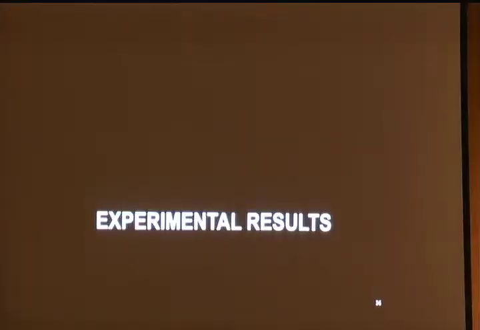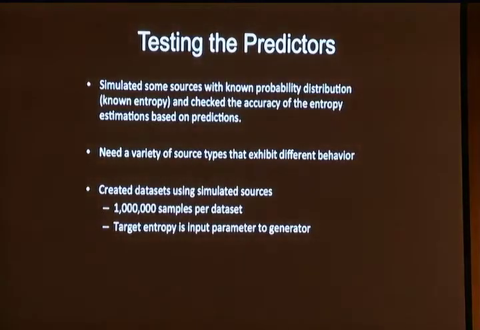So let me go over our experimental results now. We use a lot of simulated sources with known probability distributions. So we selected some probability distributions. Because we know the probability distribution, we know the entropy of these sources, and then we check the accuracy of our entropy estimations using our predictions.